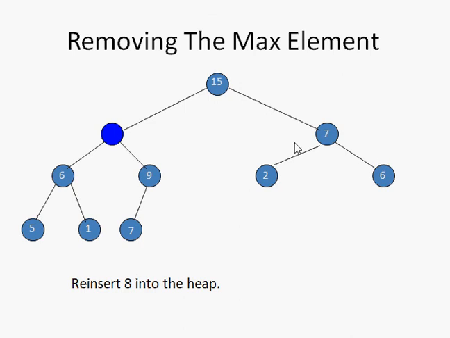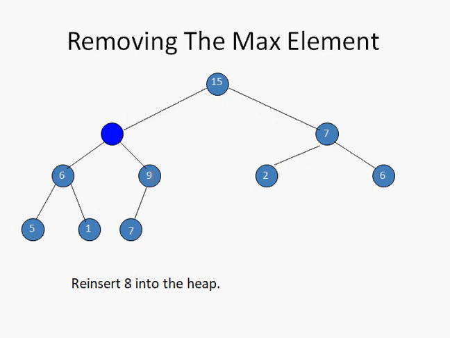When you compare, the left child can occupy the root because that number is higher than the right child. So 7 is lower, 15 is higher, so 15 can go there. Now you check whether 8 can go to this position. You cannot place 8 in this position.